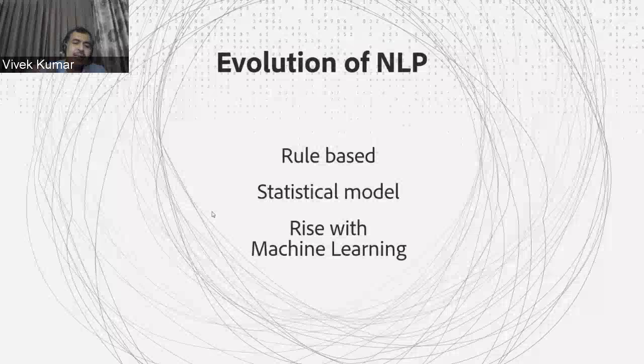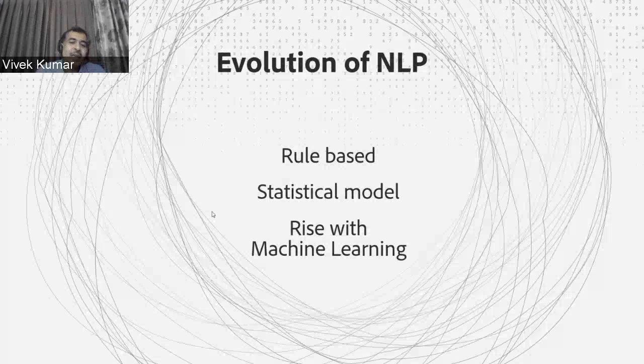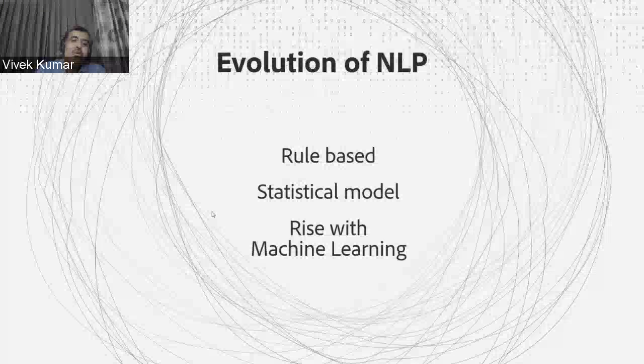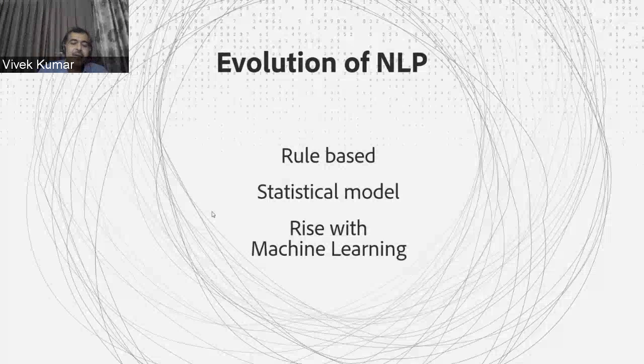You keep writing if this, else this, and so on, and it kept getting too cumbersome, and it didn't evolve for decades, from the 1950s till the late 90s. It was also very limited to whatever language it was, restricted to English. If you wanted it to learn French or German, you had to go through the same whole process again.